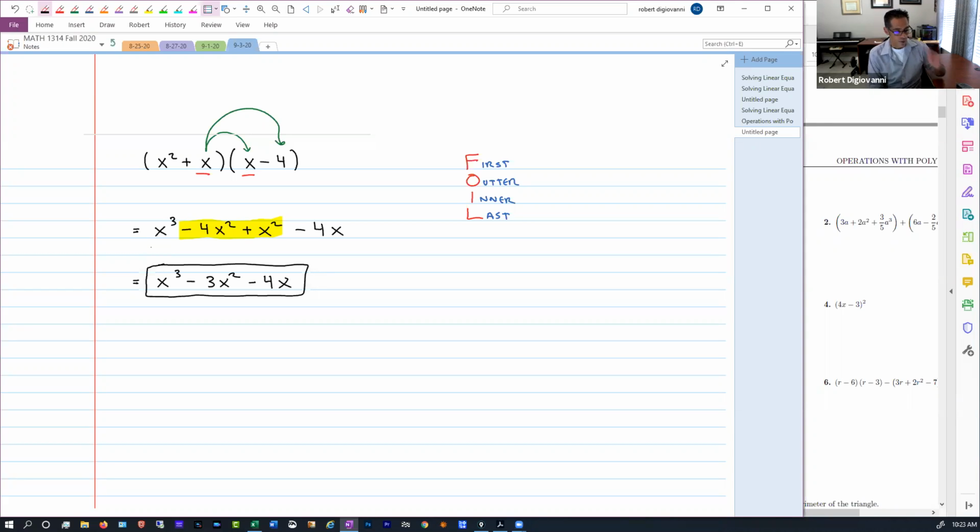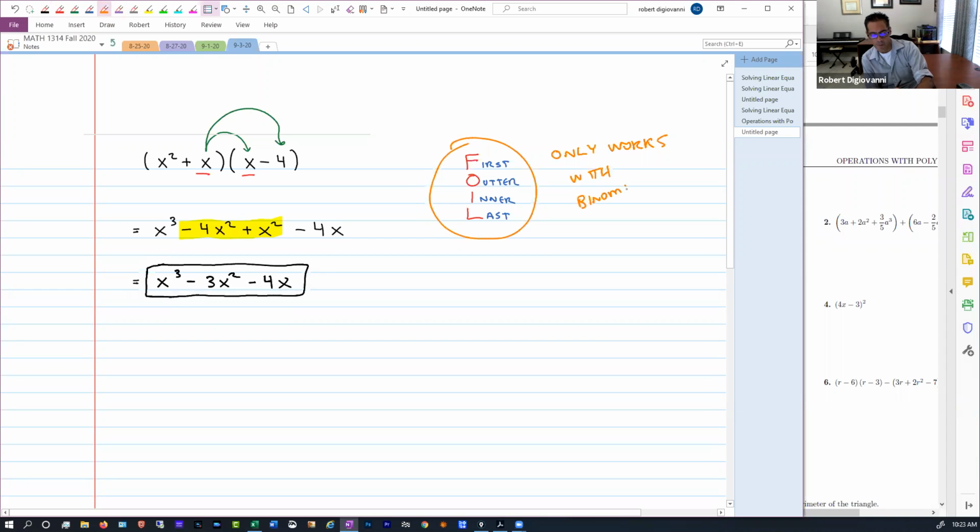I actually don't like FOIL, all right? I like the way that Victoria did it because FOIL only works with a binomial times a binomial.